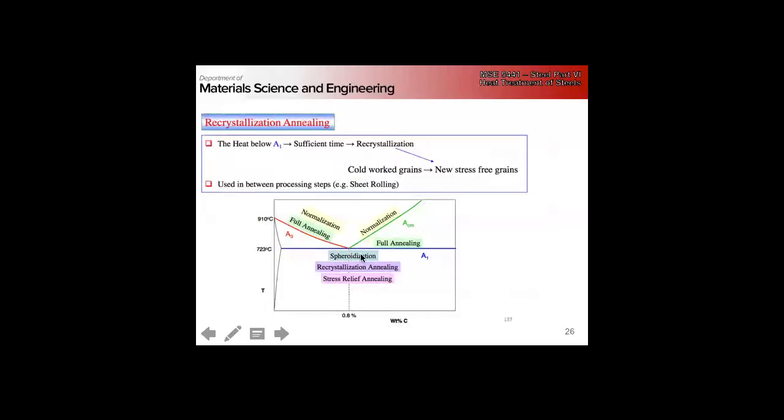And since everything's cold worked, now we anneal and we get stress-free ferrite grains, and we use this in between processing steps, right? If we're rolling, our steel work hardens, and so to keep working it into whatever we need to do, we need to soften it, and we don't want to grow large grains. We don't want to go back to the austenite structure. So if we have cold work in there, we can recrystallize.